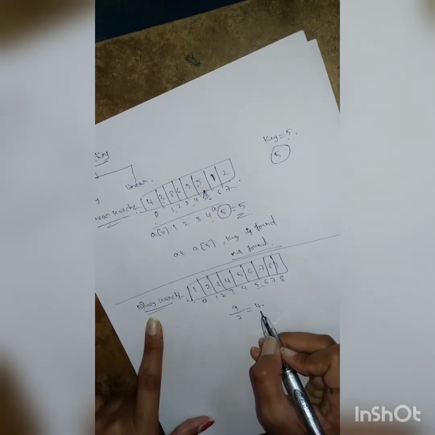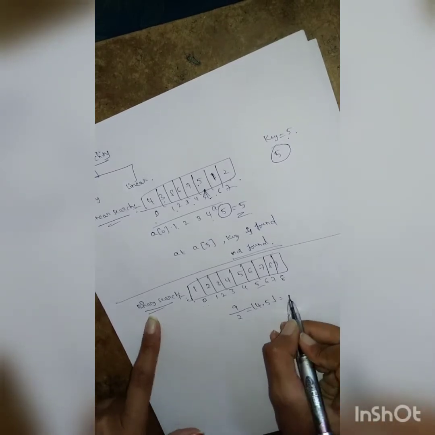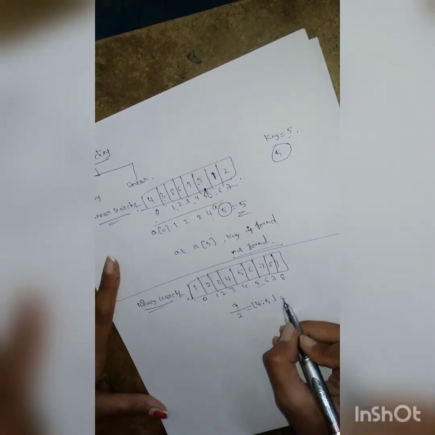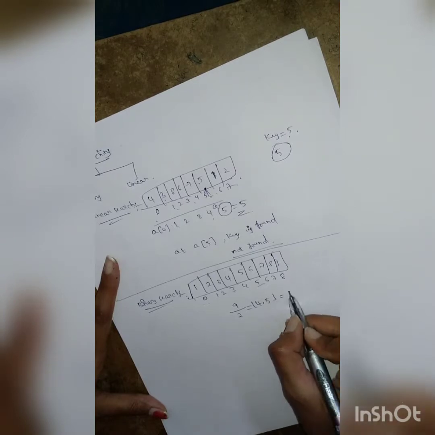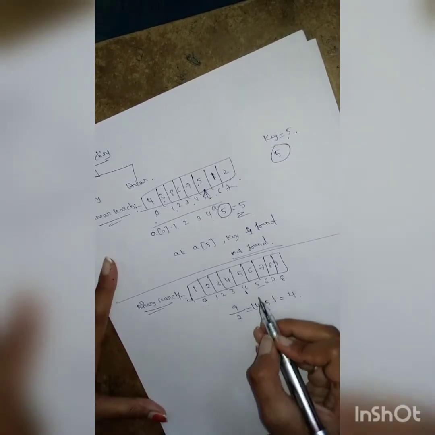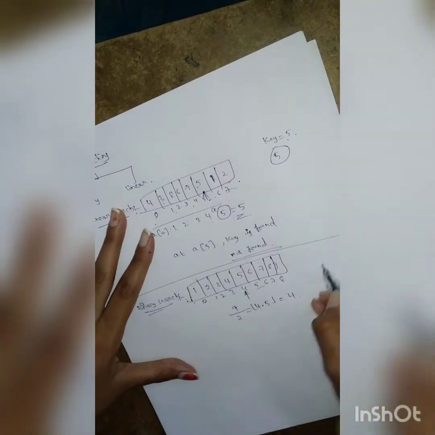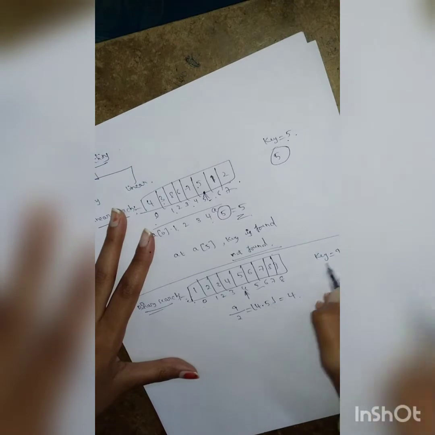So 9 by 2. We need to take the median of it. 9 by 2 is 4.5, but this is floored. Floor of 4.5 is 4. So we take this, as they are in the sorted order, 4. And the key element here, let's take 9.